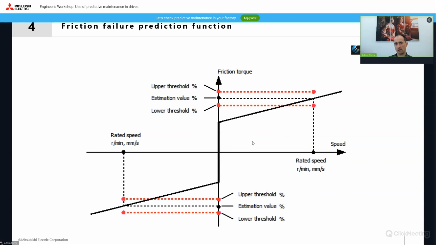Because if something wrong happens, in most cases this parameter changes. It can go down if there are bigger backlashes, but it means that the precision of the application may be worse, or it can go up. The friction can go up if there is some problem with greasing or something like that.